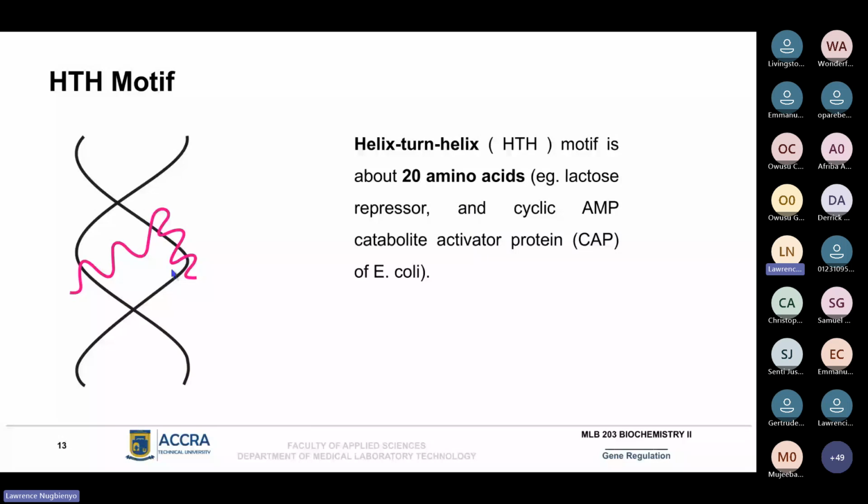You just need to know that you have this motif, this protein structure, which has a direct interaction with nucleic acids, and not so much the various components inside this helix-turn-helix. No, we're not going into that. We are only looking at the visual structure. You just see how it looks, and you'll be able to tell that this is a helix-turn-helix structure.